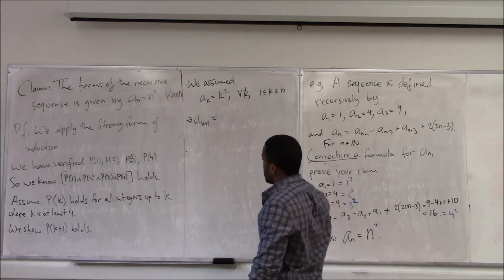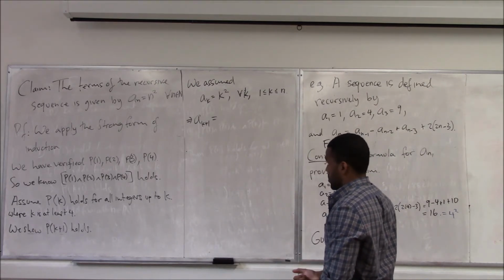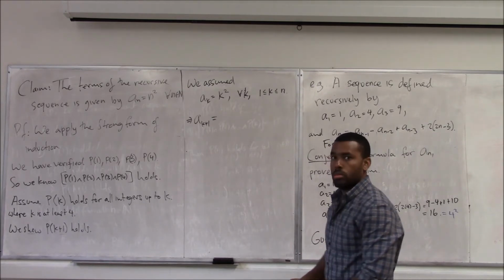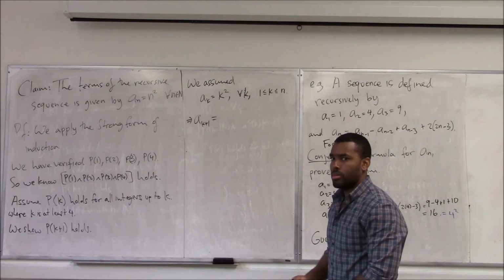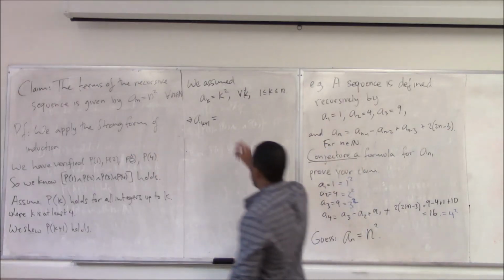How do we get a_{k+1}? Huh? Say k plus 1 squared. So it'd be k plus 1 squared?